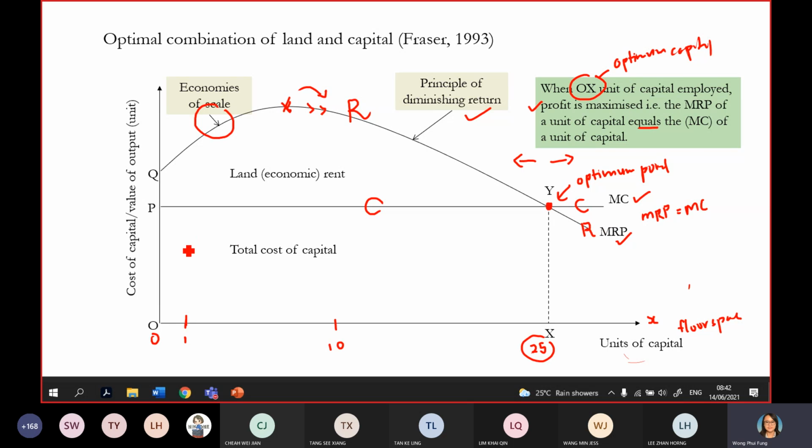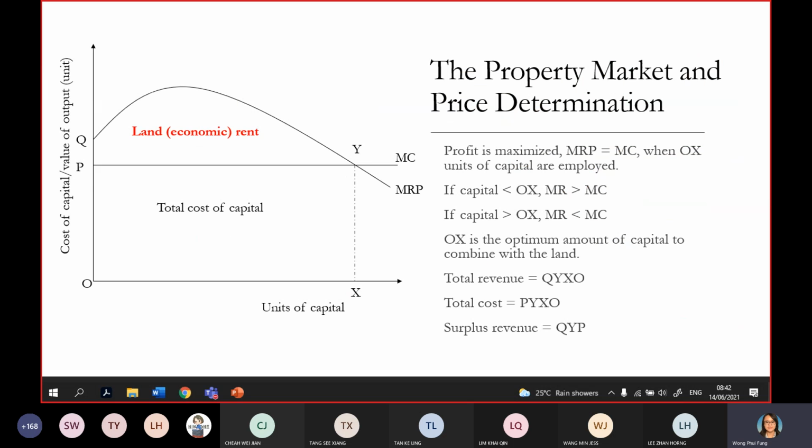Okay, so in that case, as already mentioned, profit is maximized. OX is the unit of capital that you employ. If the capital is less than OX, your revenue is more than cost, so you can still build.